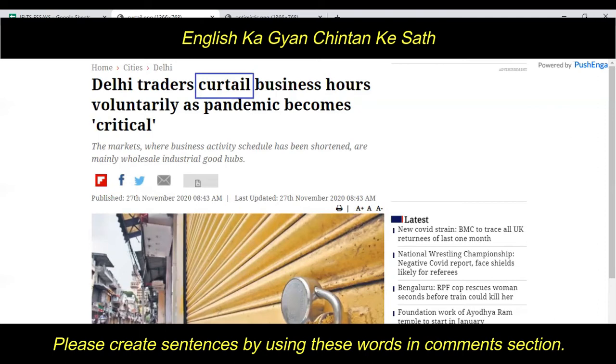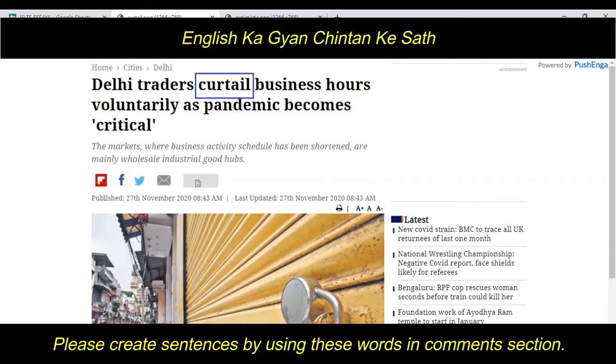So in Delhi, actually, so many employers have curtailed business hours, have decreased or reduced business hours for the respective employees to be safe in this time of pandemic.